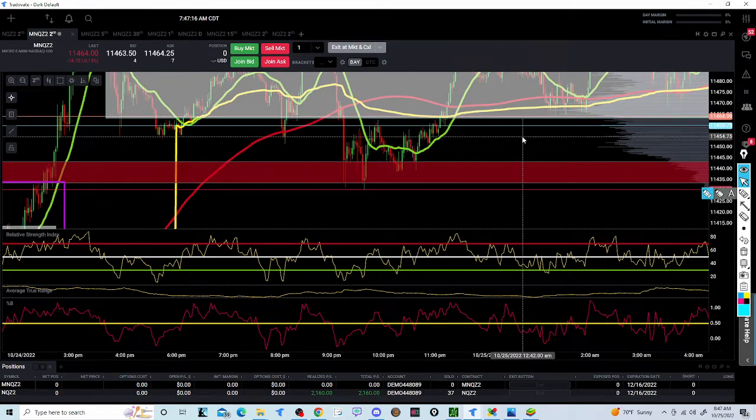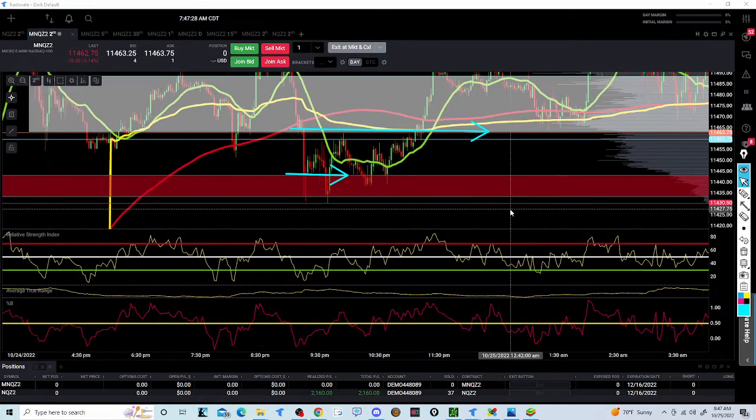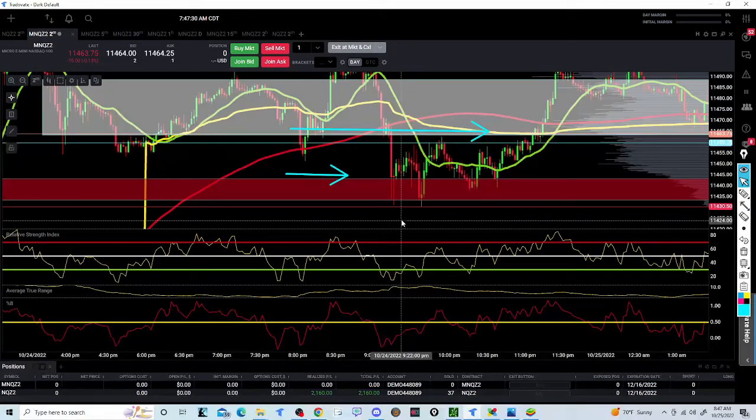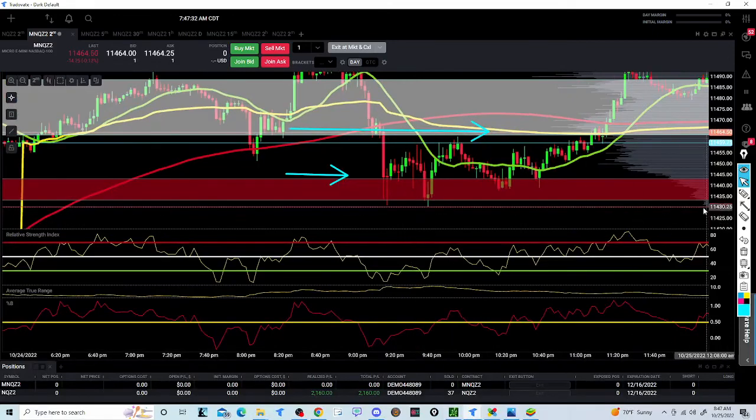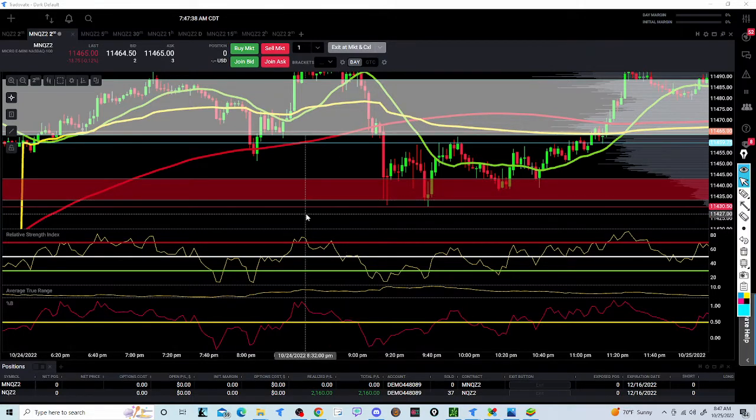An area of liquidity is nothing more than stop losses. An area of liquidity is nothing more than stop losses. So notice here, let's open this up, right here in this area, and I'm answering your question just on a bigger scale.